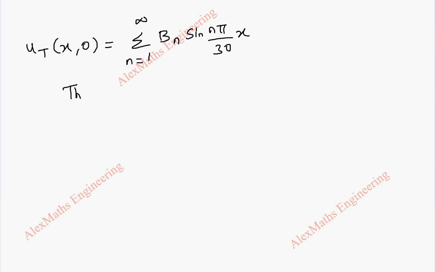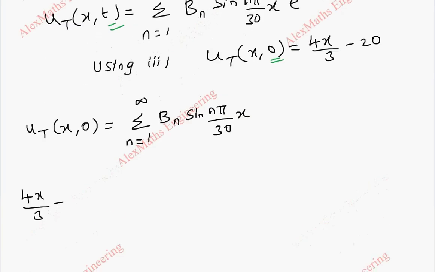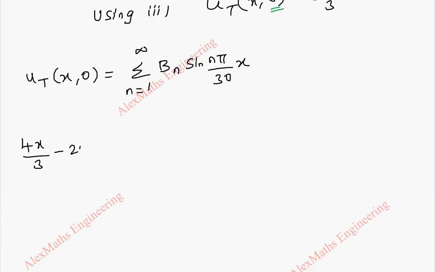Before that, let's write the function on the other side: 4x/3 minus 20 equals the summation, n from 1 to infinity, of Bn sin(nπx/30).